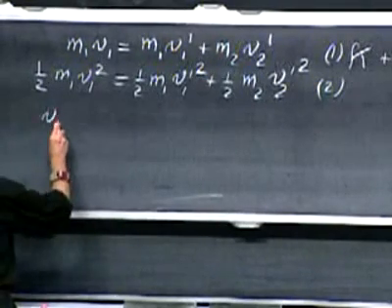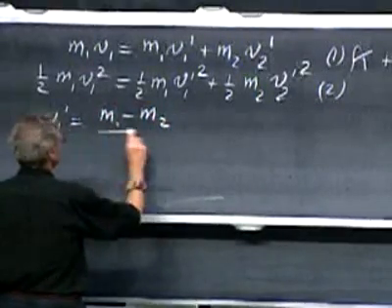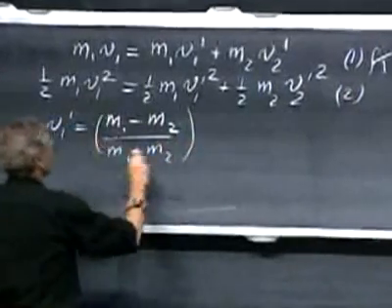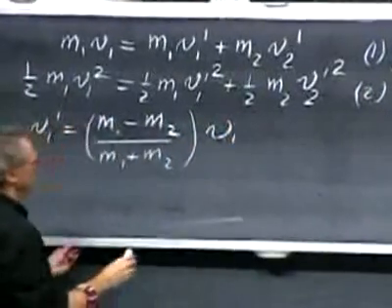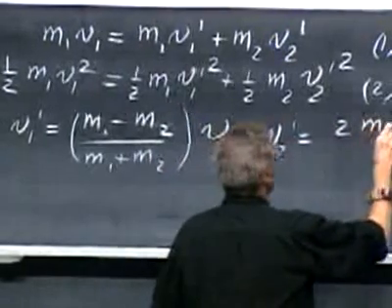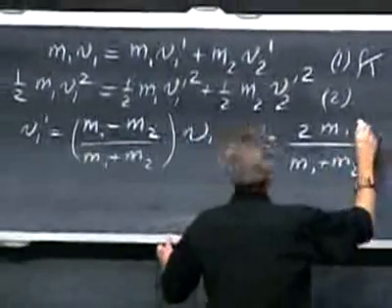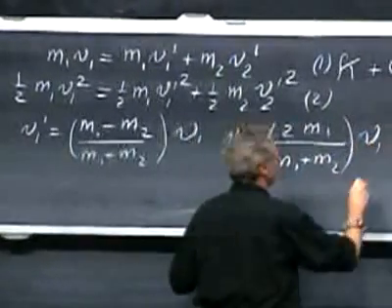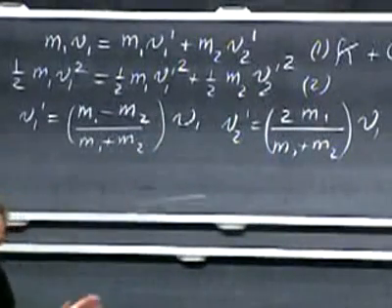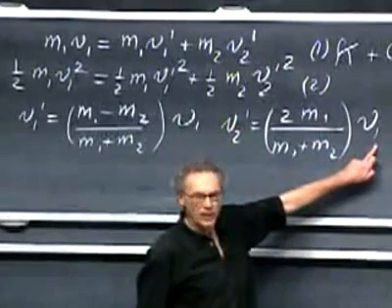v1 prime will be (m1 minus m2) divided by (m1 plus m2) times v1, and v2 prime will be 2 m1 divided by (m1 plus m2) times v1. The first thing that you already see right away is that v2 prime is always in the same direction as v1.